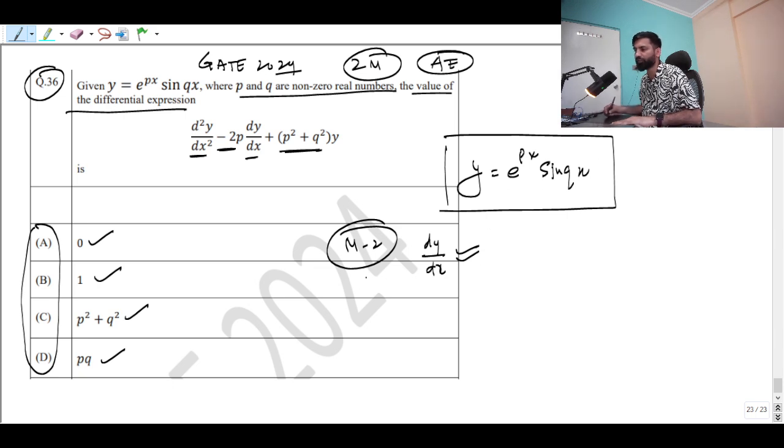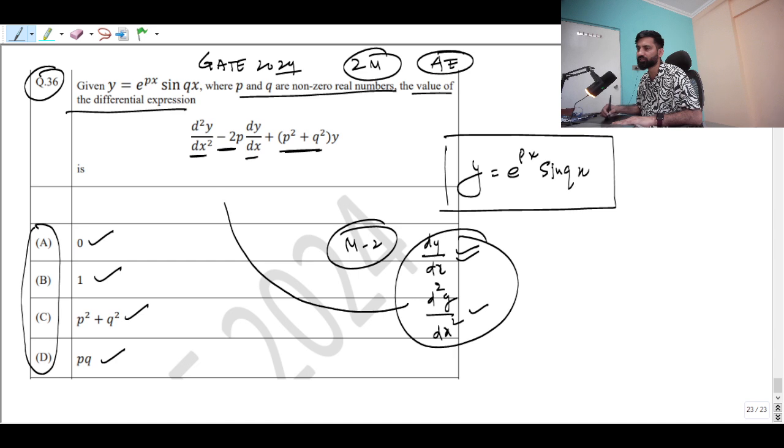First find dy by dx, then find the second derivative d2y by dx2, and then plug these values into this expression. You will directly get the answer as 0.